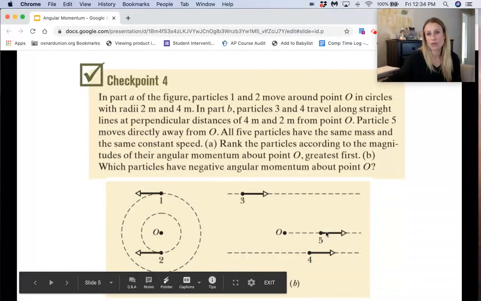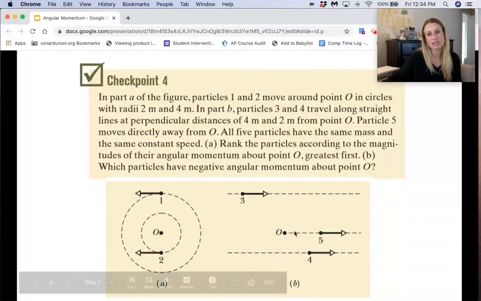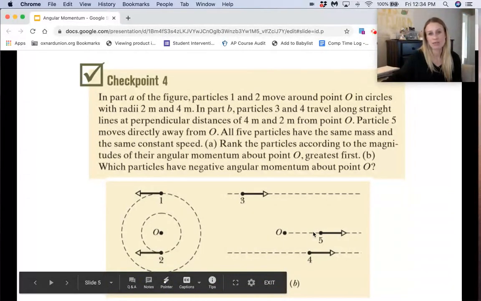So because it's 180 degrees or 0 degrees, because they're both pointed in the same direction, the sine of 0 or the sine of 180 is 0. So this particle actually has no angular momentum about point O. So it's 1 equals 3, and then 2 equals 4 for letter A.